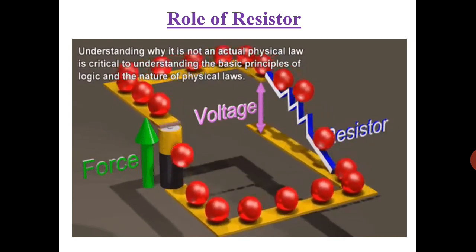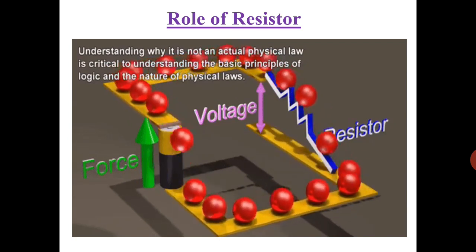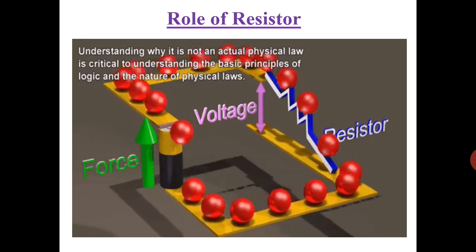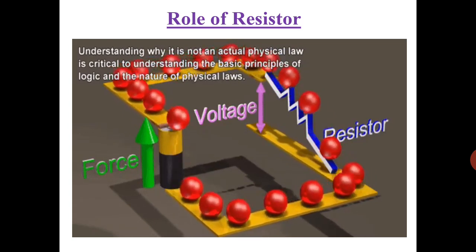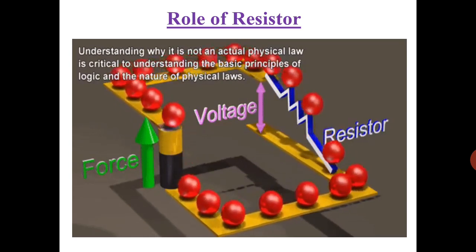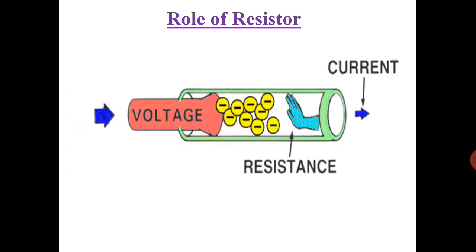So the red color ball indicates the flow of charges, the white color indicates the resistor, and yellow and black indicate the battery. So this gives a clear picture of what is voltage, resistor, and current. This is yet another example for easy understanding of the function of a resistor.